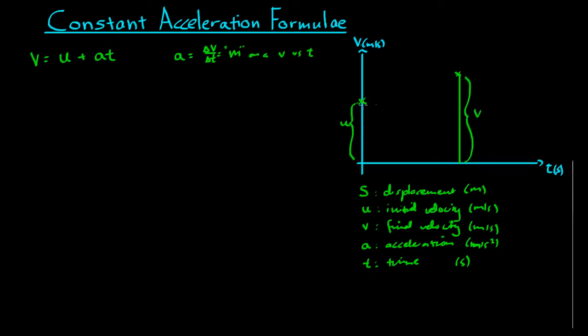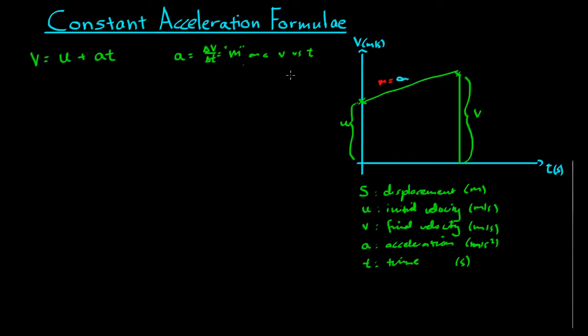This formula here explains the connection between these, because linking these two velocities is this line here of gradient A. So the gradient of a velocity time graph is the acceleration. So linking any two velocities, if we can draw a line, the gradient of that line is going to be the acceleration.